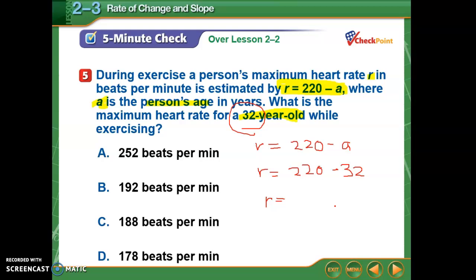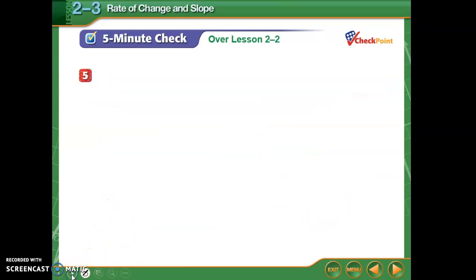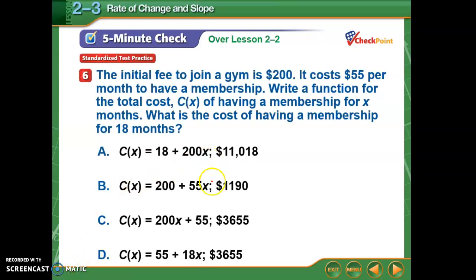So what is 220 minus 32? What did you get? So 188 beats per minute. Alright, last question. How about this one?